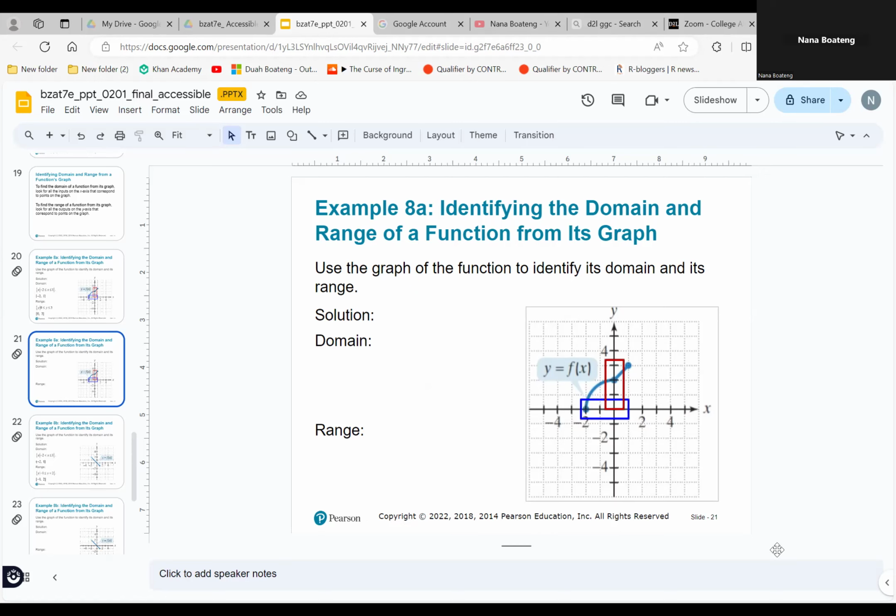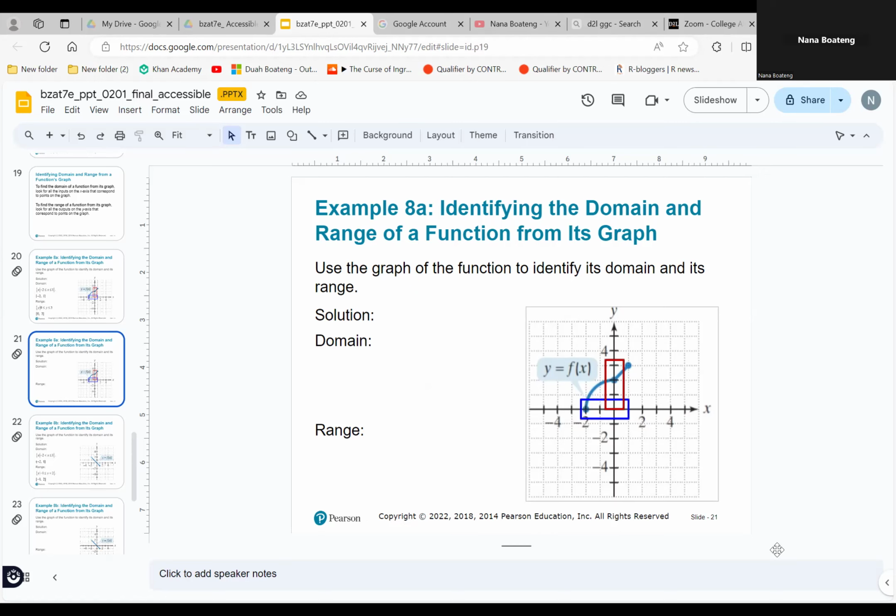When we talk about the range, it's the interval on the y-axis in which this function lies. If we look at the red rectangle, you can see that on the y-axis, this function goes from 0 to 3.